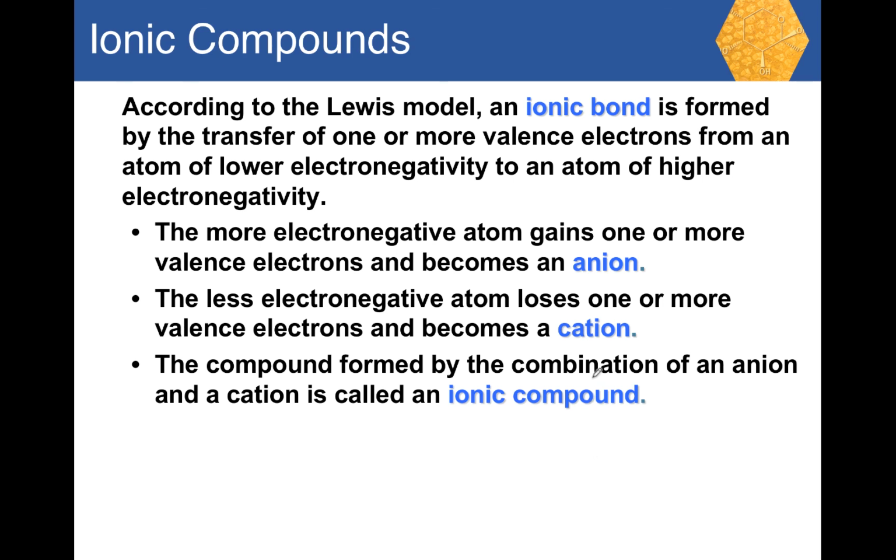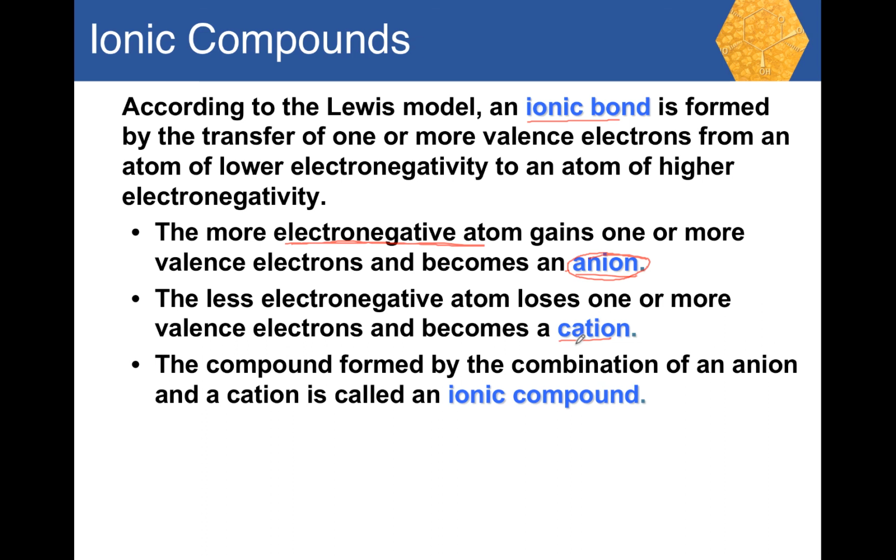As you can imagine, just as a summary, ionic bonds are made up of an anion and a cation. We know how to make these cations, and we know how to make these anions. So don't forget, the anions are made from the more electronegative atoms on the periodic table, the atoms to the right.